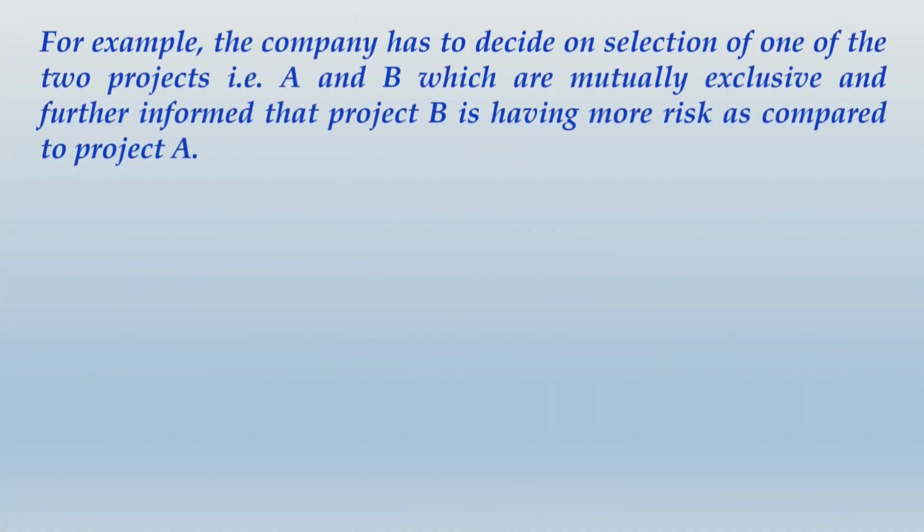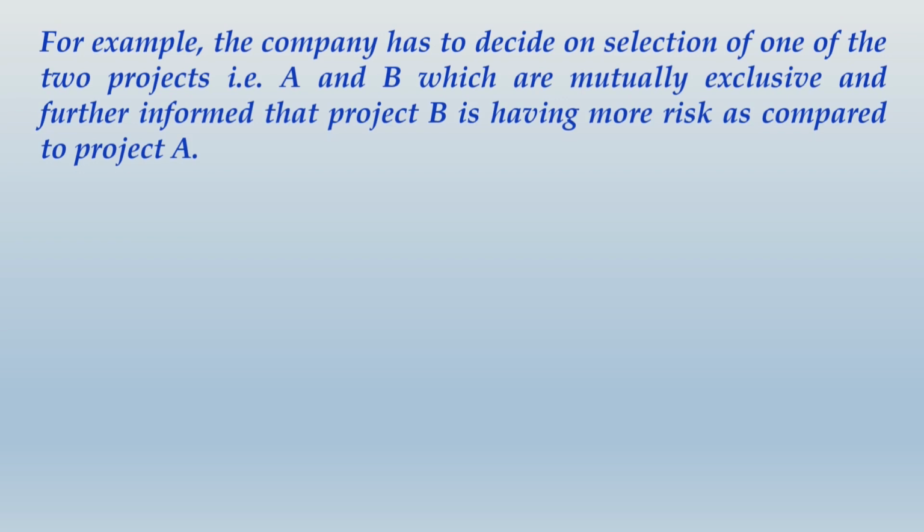Let us move ahead, and now what we talk about is an example. For example, the company has to decide on the selection of one of the two projects, that is A and B, which are mutually exclusive. Just recall that we have talked about mutually exclusive projects in our earlier classes.